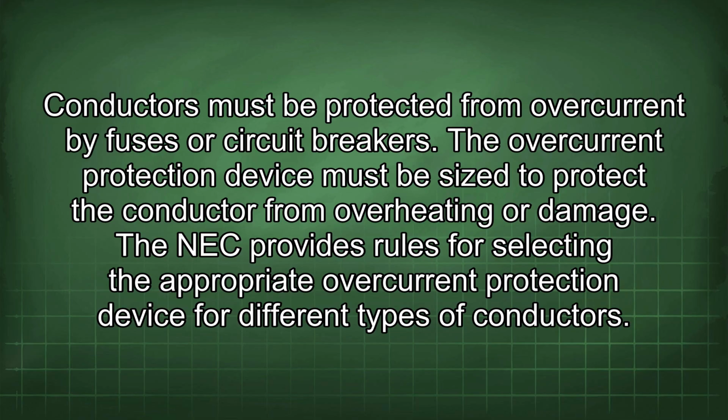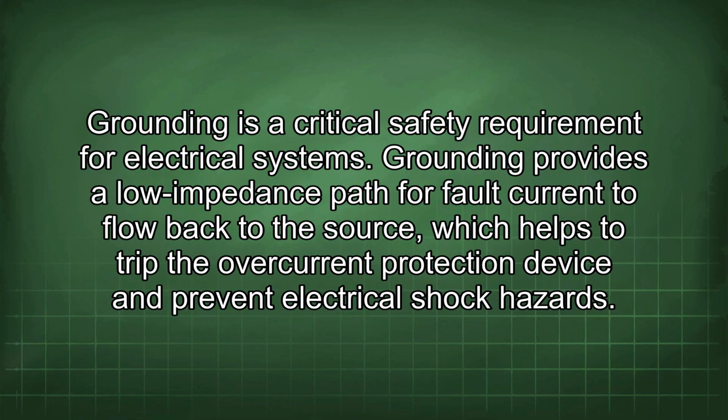Conductors must be protected from overcurrent by fuses or circuit breakers. The overcurrent protection device must be sized to protect the conductor from overheating or damage. The NEC provides rules for selecting the appropriate overcurrent protection device for different types of conductors. Grounding is a critical safety requirement for electrical systems.